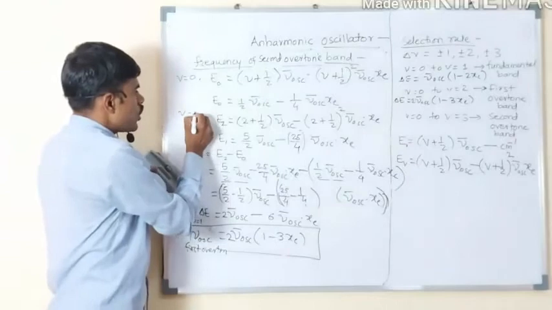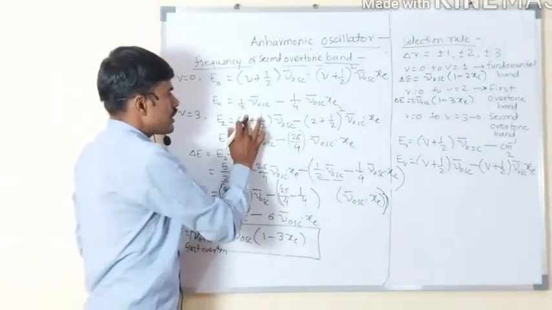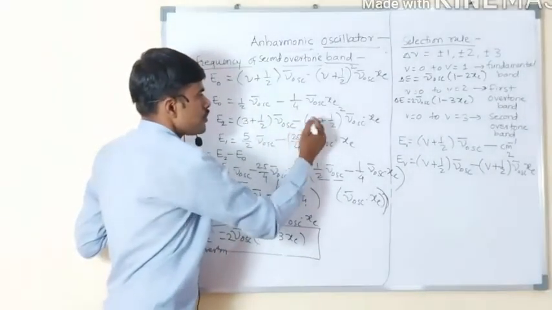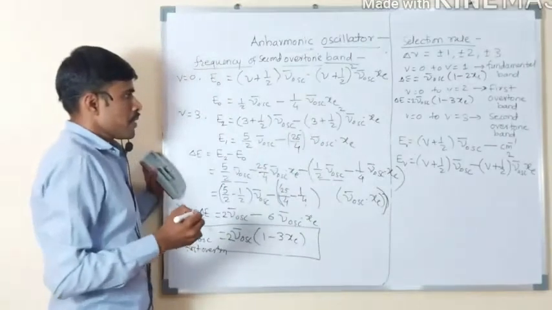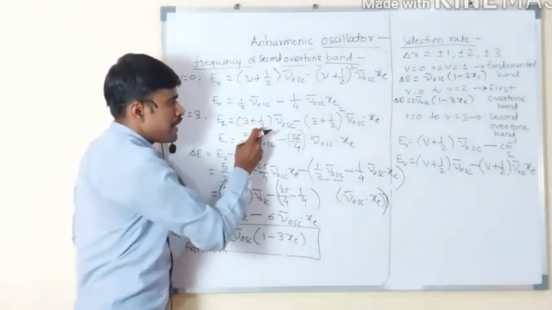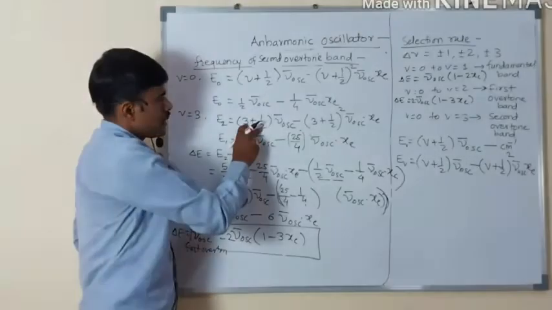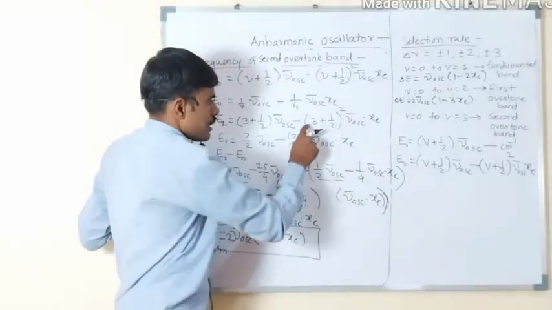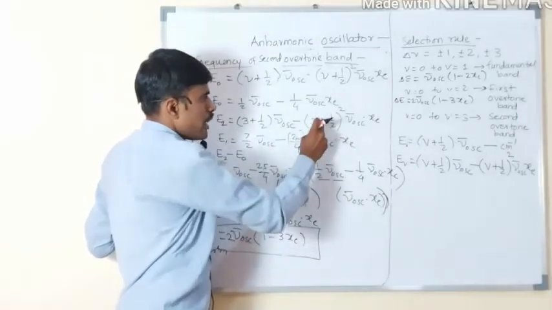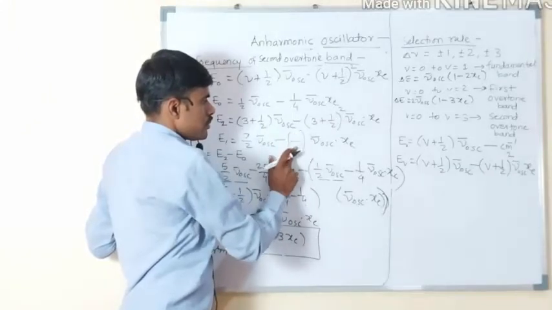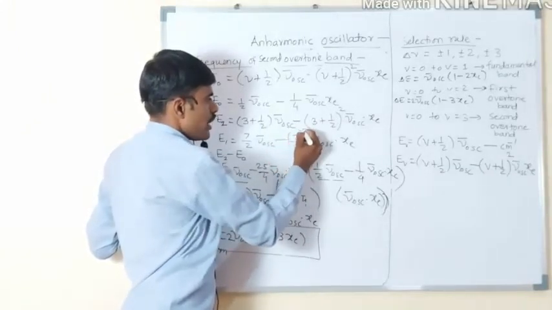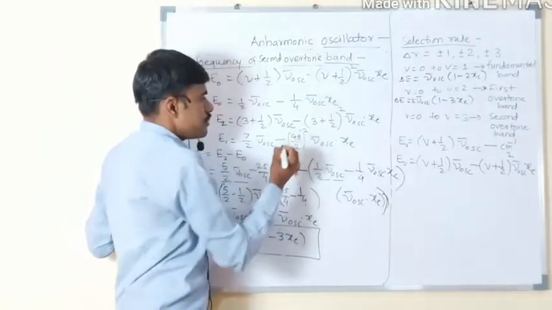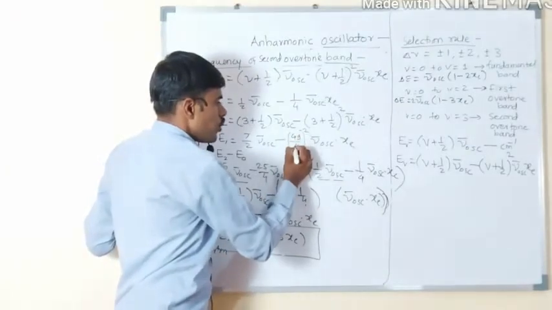Here put V equal to 3. So 3 multiplied by 2 is 6, plus 1 is 7, 7 by 2, and 7 by 2 square is 49 by 4.